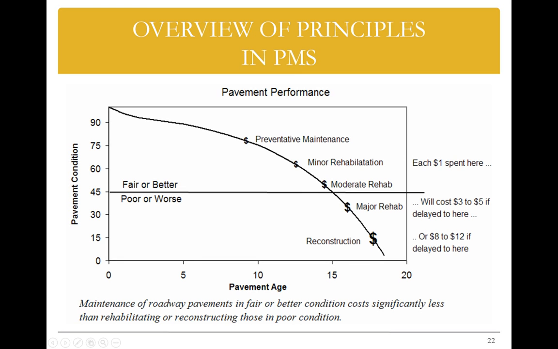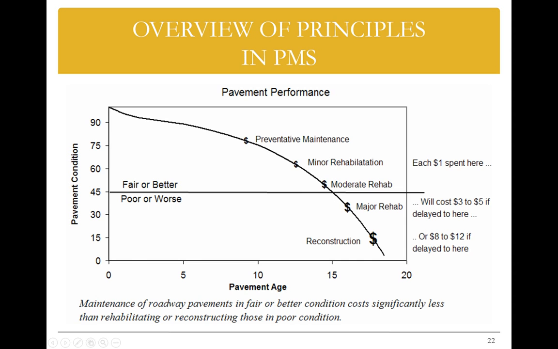If we wait until the condition of the pavement is approaching 60%, now we need to do minor rehabilitation, all the way to this point here, which is about 50 or 45, a moderate rehabilitation, which can go all the way to a 2 or 3 inch overlay. Up to this point it costs us a very minimal amount of dollars compared to if we waited until we hit that poor or very bad condition, where we're going to spend a considerable amount of money on a major reconstruction, which is a 4 to 6 inch overlay, or a full reconstruction.